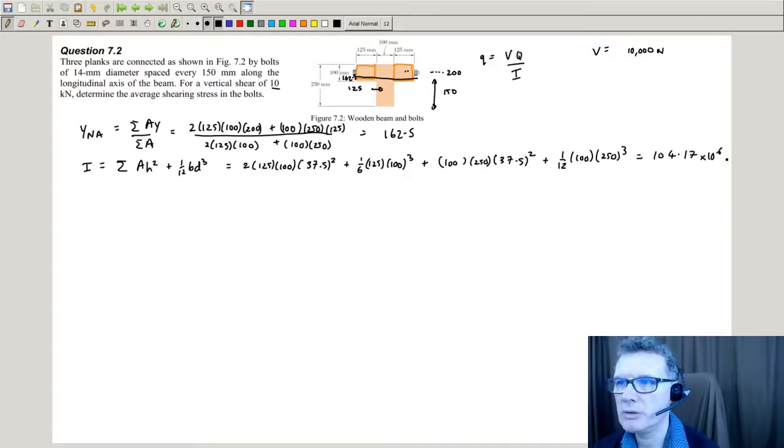Let's see if I've done that correct. 2 times 125 times 100 times 37.5 squared plus 1/6 times 125 times 100 to the power of 3 plus 100 times 250, yep, times 37.5 squared plus 1/12 times 100 times 250 to the power 3.